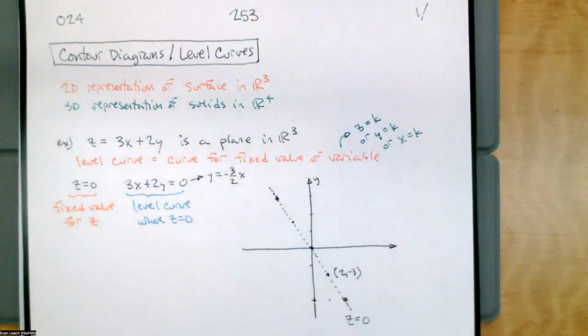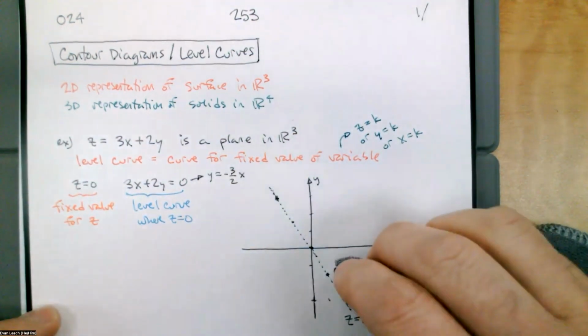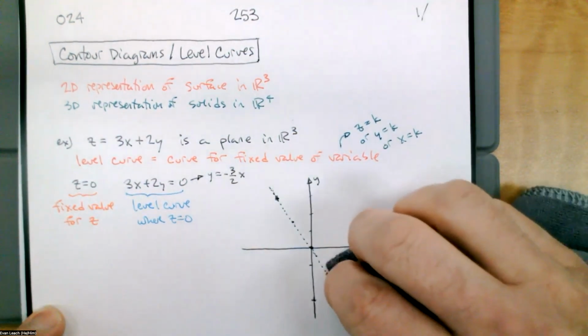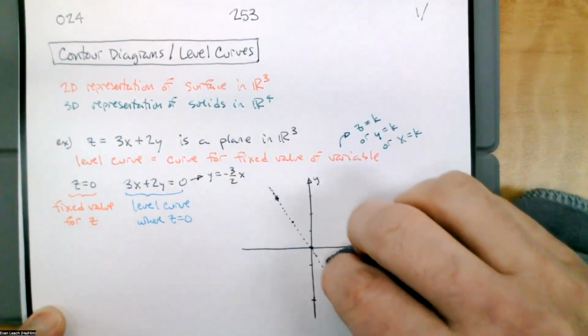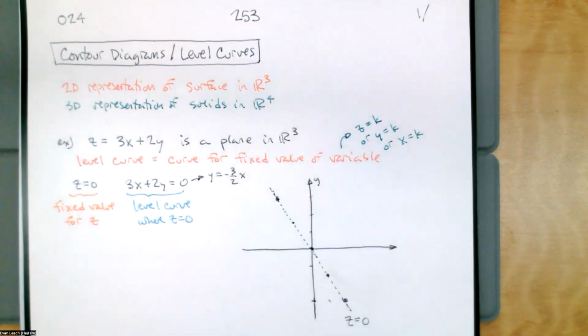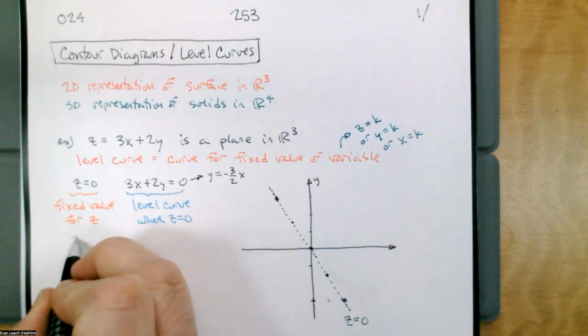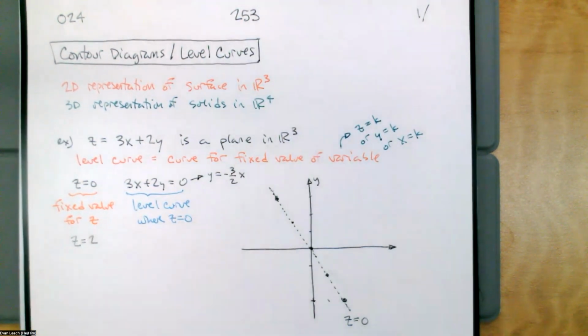Now we're going to pick another value of z, and we're going to draw its level curve. This is analogous to us drawing a graph by picking a value of x, plugging it in, and drawing the height. So I'm going to draw the level curve where z is equal to 2.